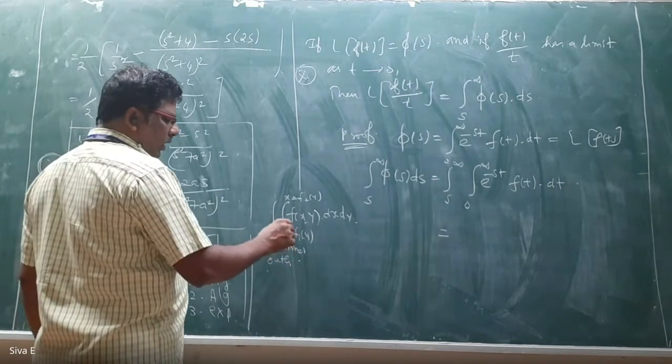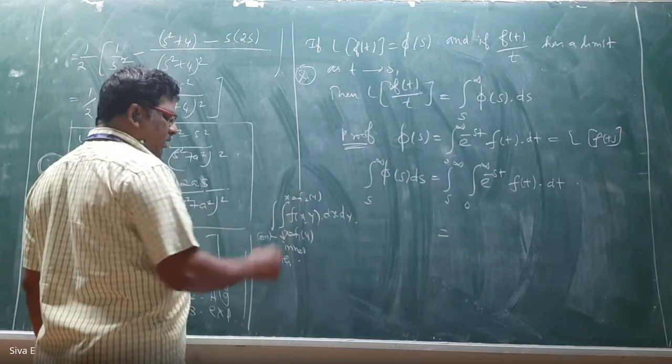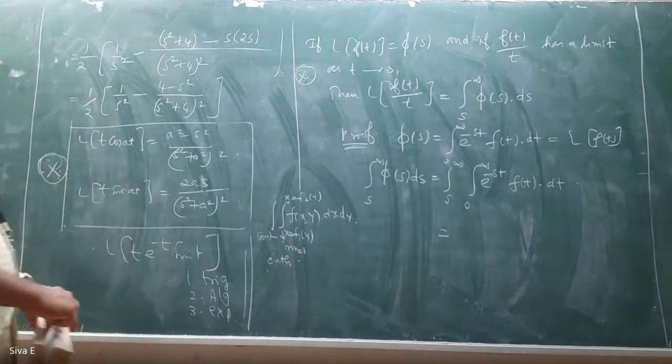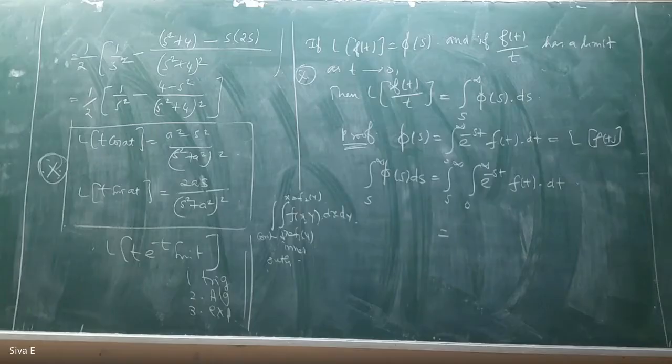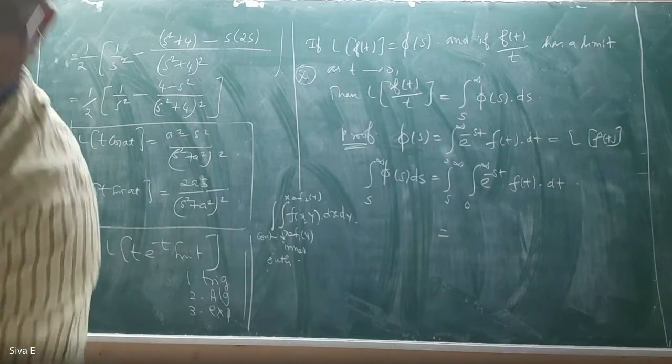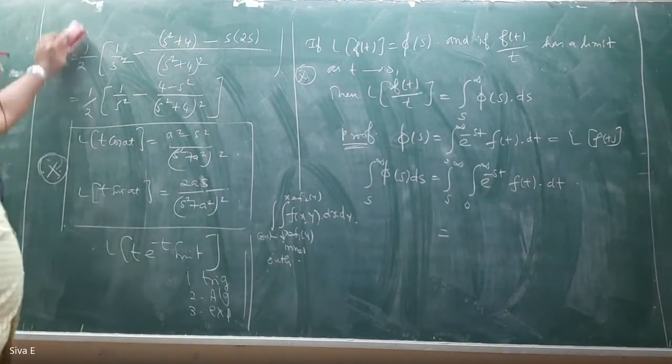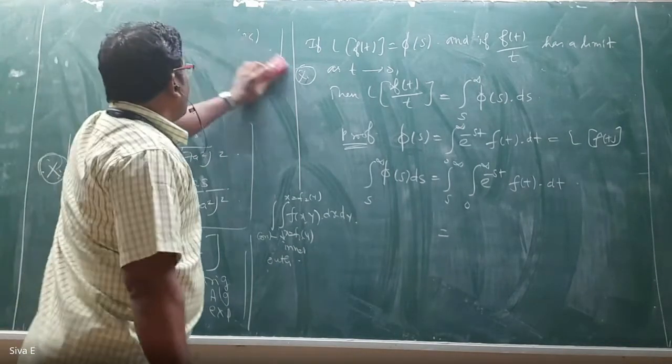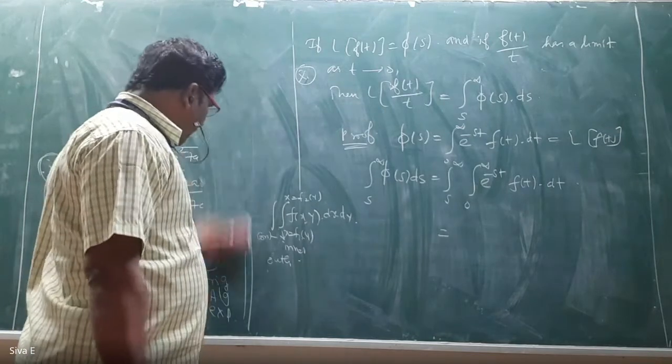But the inner integration limits may be constants or variables, with only one correction here: the limits may be constants or variables for the inner integration. The outer integration limit should be constant.